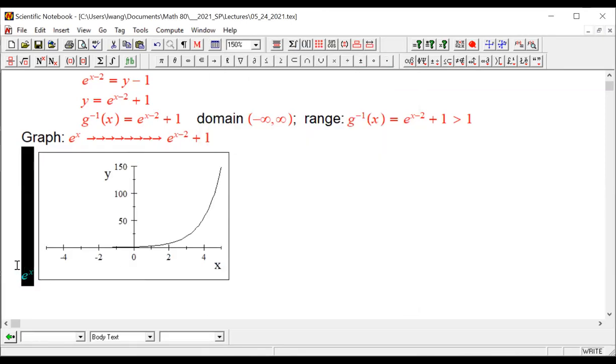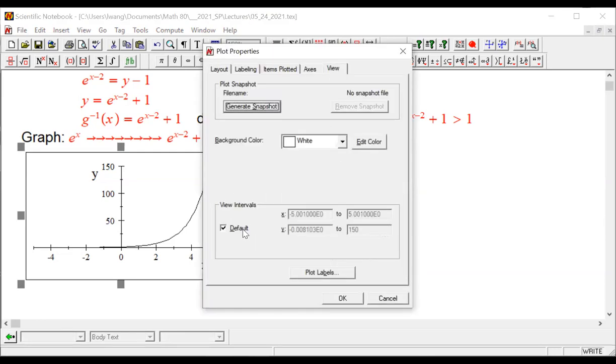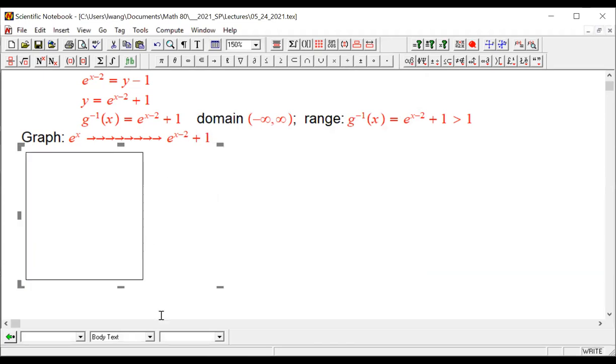Let me make some adjustment to the picture. The scale needs to be adjusted as you always have to do when you graph. Over here, I'm going to make it maybe 3, and make this 8. So that's e to the power x.